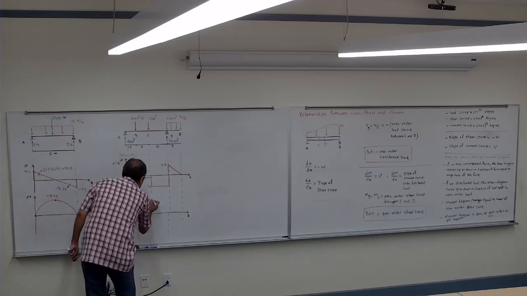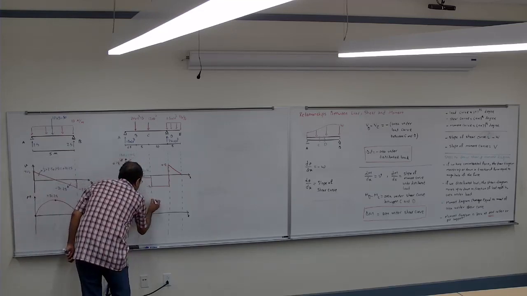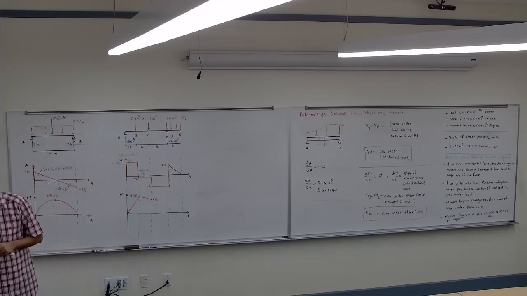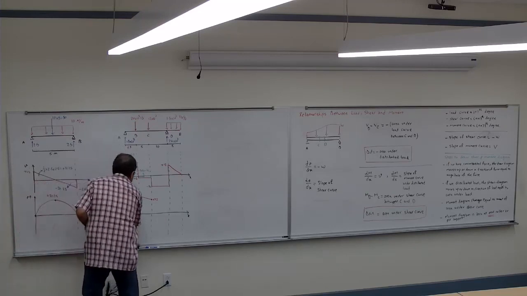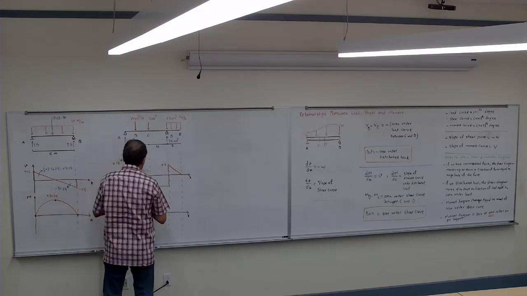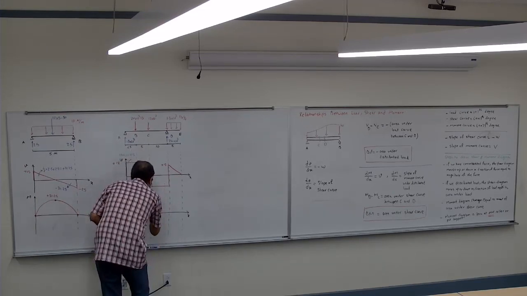So I will go down to plus 92. So that's where that 92 comes from: 108 minus 16 is 92.